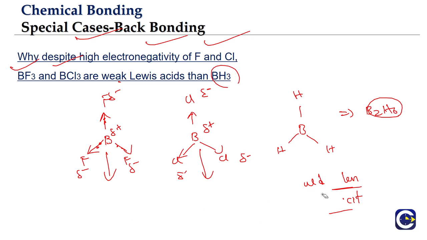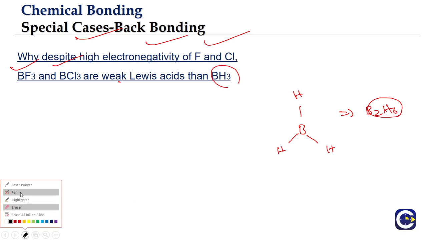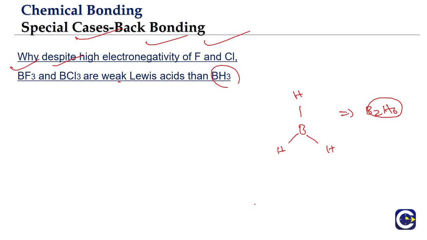Just as we discussed before, right? What will happen in the case of BF3 and BCl3 is there is going to be back bonding. Now what happens as a result of back bonding? The boron as such will be able to achieve the octet arrangement, isn't it? Because of this coordinate pi bond in both the cases. So here I am not drawing the resonance structure, I am just drawing one of the canonical forms.